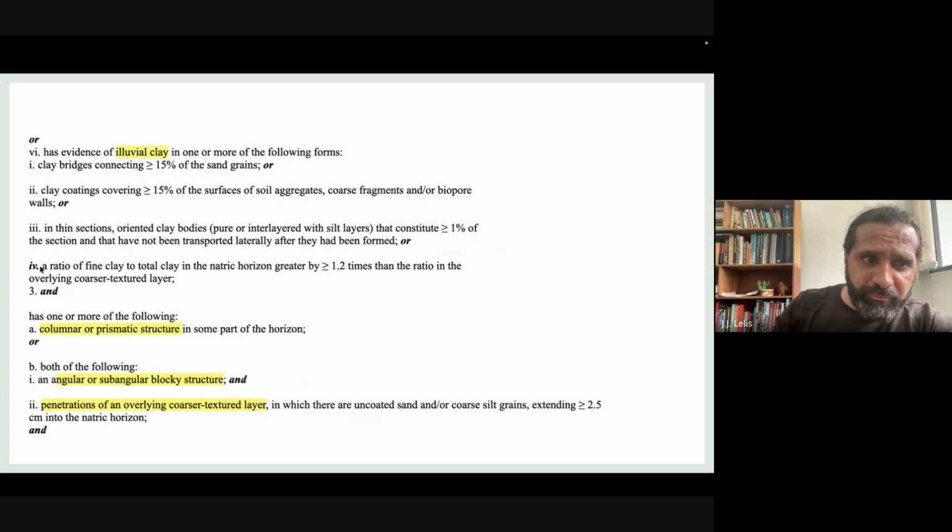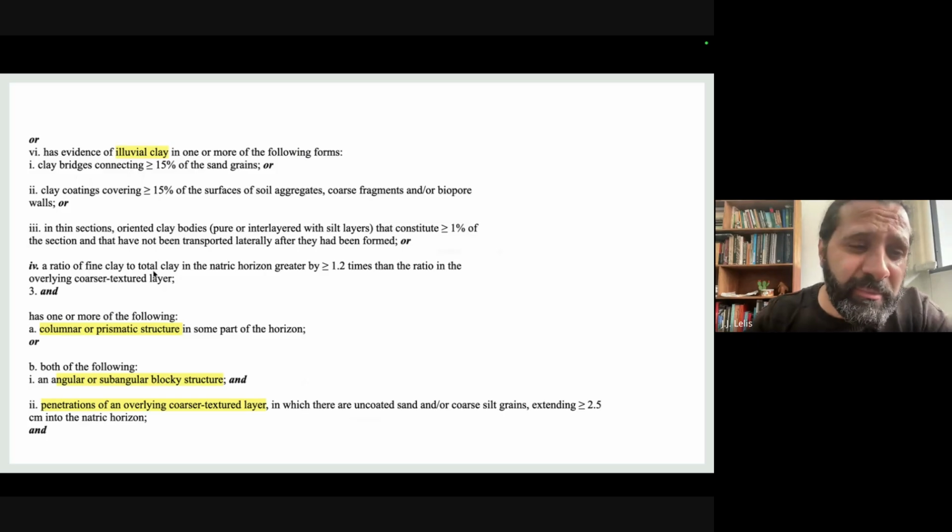Number 4: a ratio of fine clay to total clay in the natural horizon greater, at a minimum, by 1.2 times than the ratio of the overlying coarser texture clay.